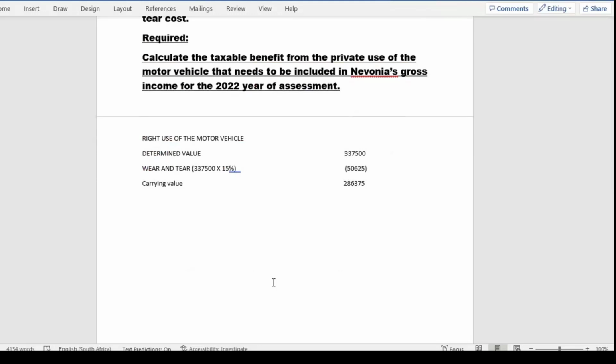It's 286,875. Give it again, please. It's 286,875. But that's a lot of figures. Yeah.